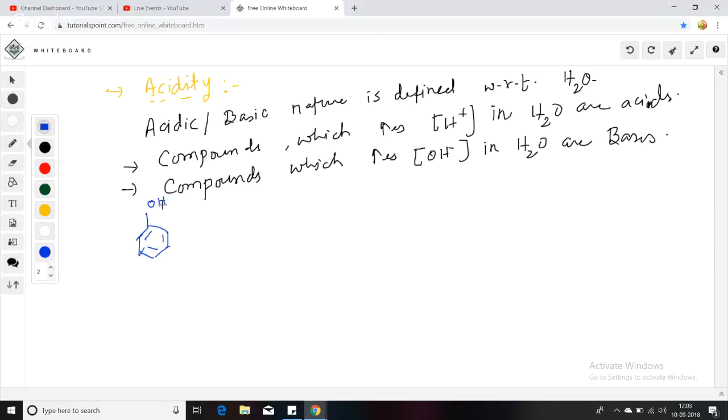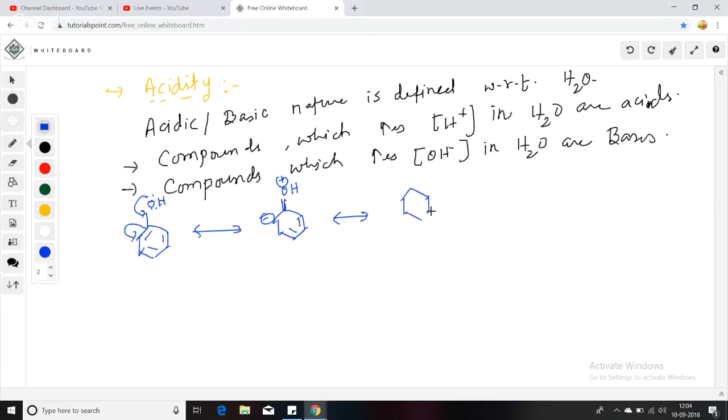First of all, we talk about the nature of this group. What kind of nature of this group do we have? Since resonance is possible, we can draw the resonating structure of this. This lone pair comes over here, pi electron goes here, and we get double bond OH plus, and here we have negative. Similarly, we can draw another structure. I'll show you the arrow also with a different color.